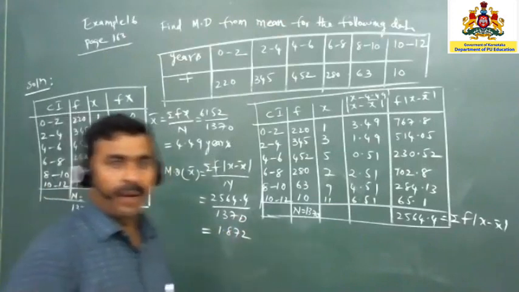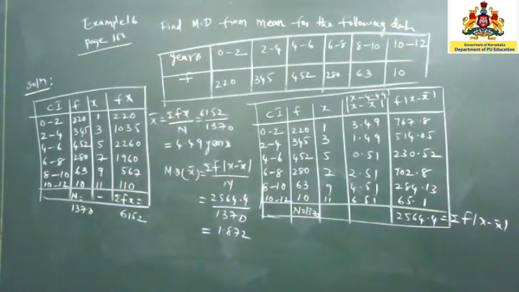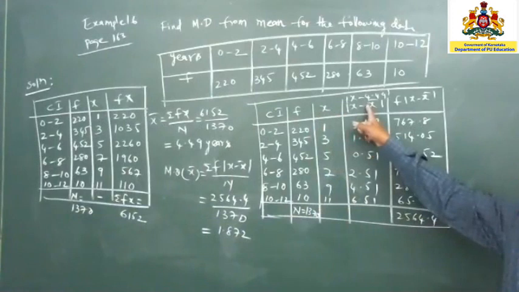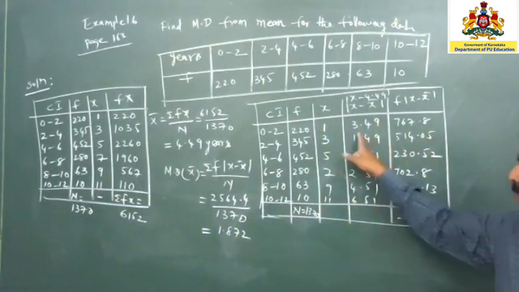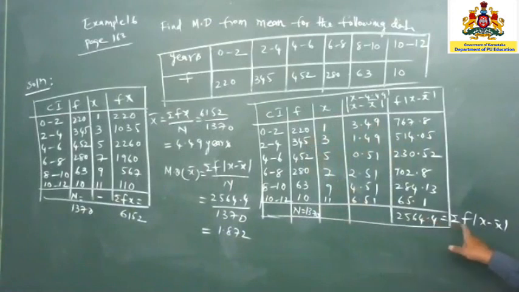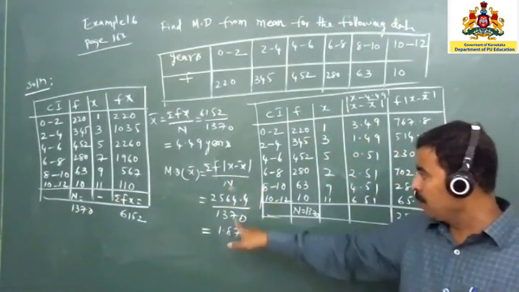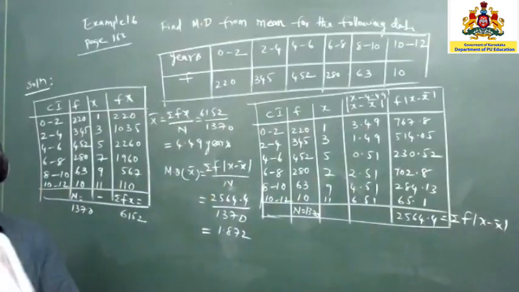So you can complete it in one table or two tables. First find the mean, then again frame the table with class interval, frequency, x, then deviations, absolute deviations, then multiply with the corresponding frequencies to get the total summation f into modulus of x minus x bar. Substituting in the formula, you will get the answer 1.872.